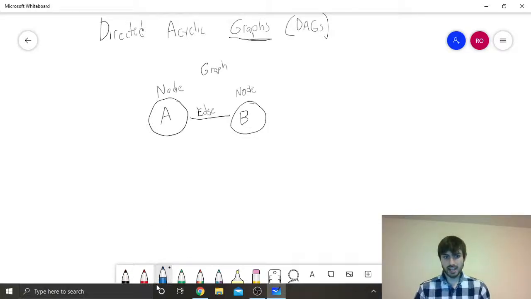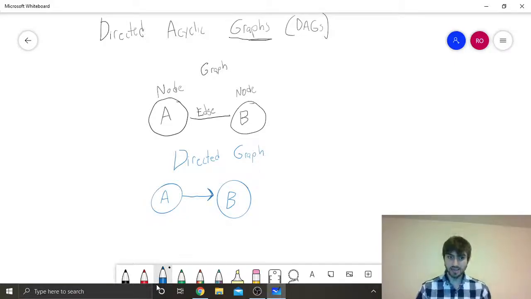What makes something a directed graph is that we still have our nodes and we still have our edges, but the edges indicate some direction. So rather than just connecting A and B, this time the edge is showing that something is starting in A and affecting B. So that's a directed graph.